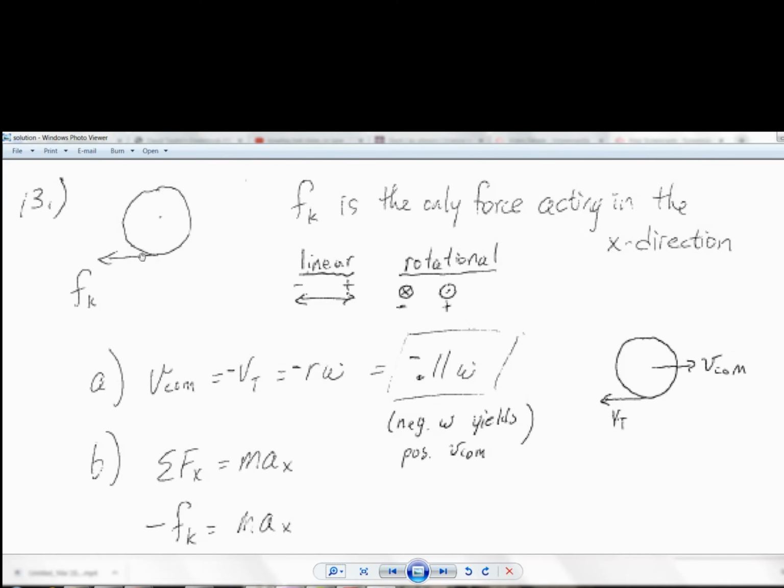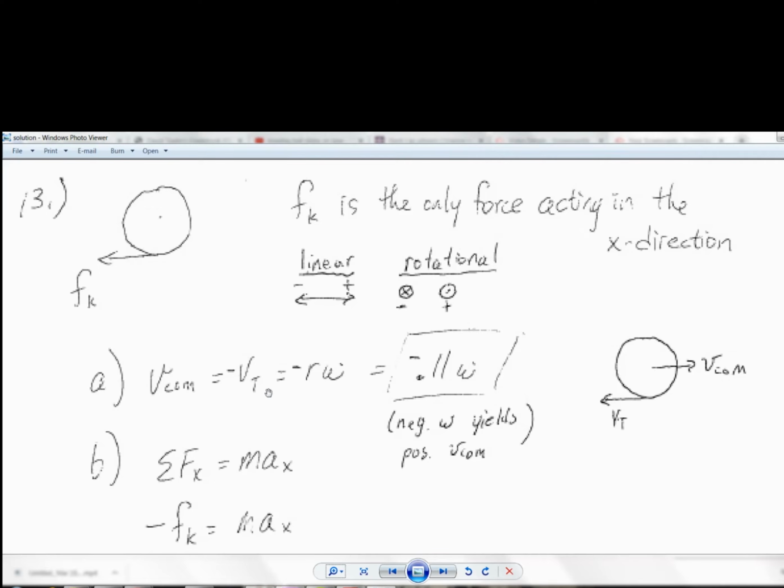But the tangential velocity here of the bottom of the ball, since it's spinning clockwise, is to the left. So it's in the negative x direction. So VCOM is the opposite direction, but same magnitude as the tangential velocity of the ball when it's not sliding.